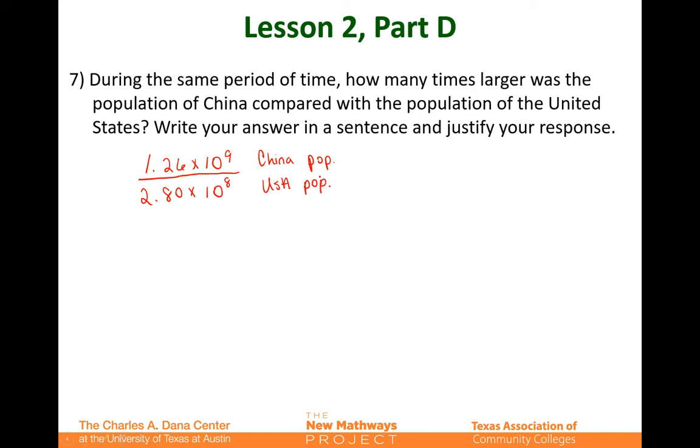If I do that division, and again, I want to be sure when I'm putting things in my calculator that I do all of this divided by all of this: 1.26 times 10 to the 9th divided by 2.80 times 10 to the 8th.